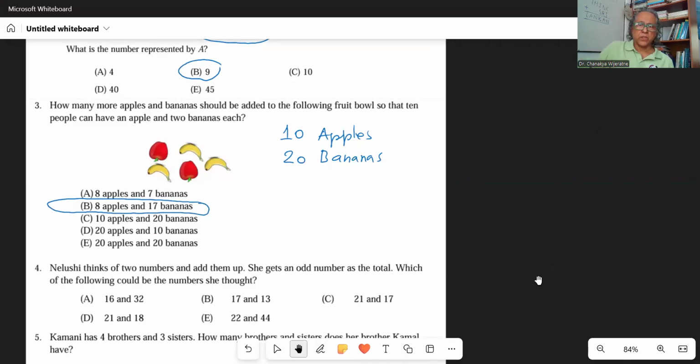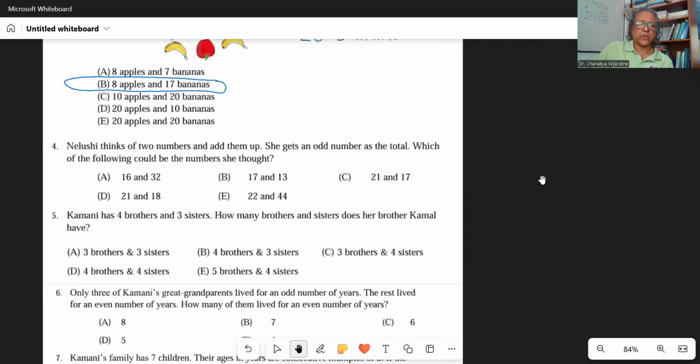Right. So number 4, Nelushi thinks of 2 numbers and adds them up. She gets an odd number as a total. Which of the following could be the numbers she thought of? Now we have to read Nelushi's mind, right? We can read her mind if we know how even numbers and odd numbers behave.